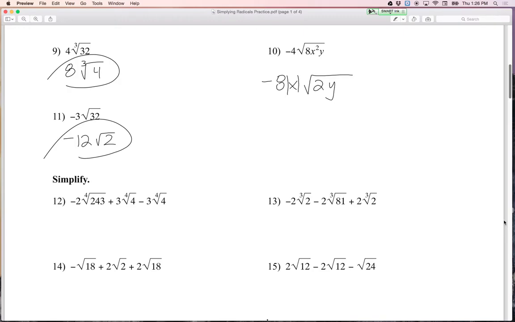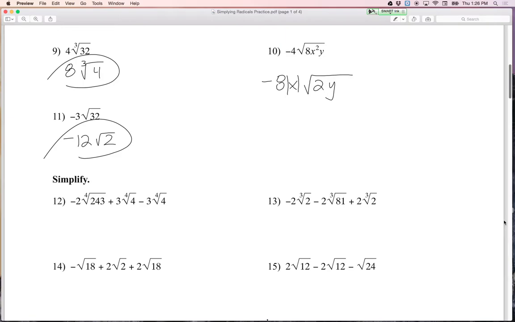Even root of a power with an odd result is the only time you're going to use absolute values. Say it with me. Even root of a power with an odd result. There's no other time.